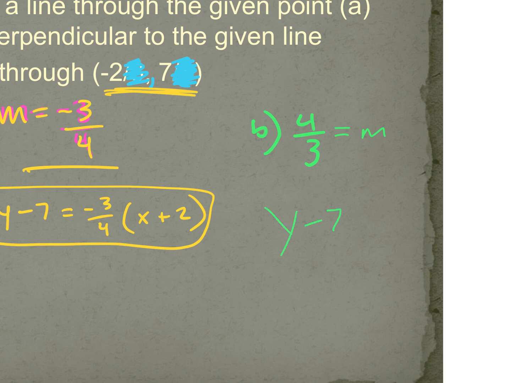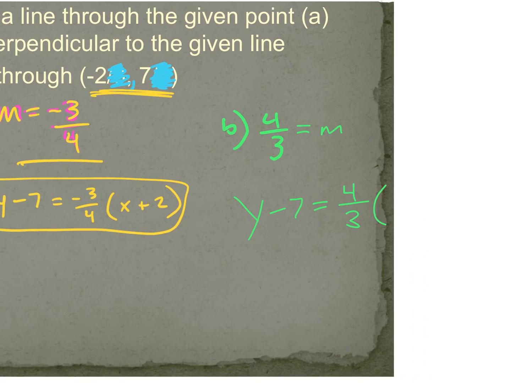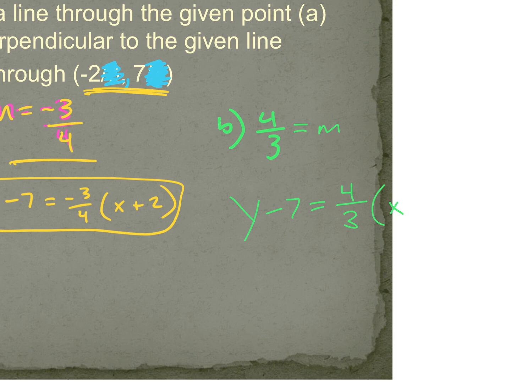So y minus 7 is equal to my slope, 4/3, times x minus x1, which would be x plus 2. And that's my equation of a line.